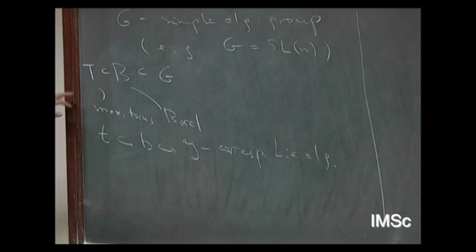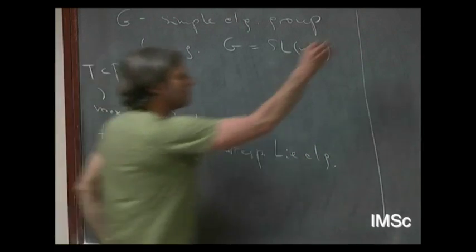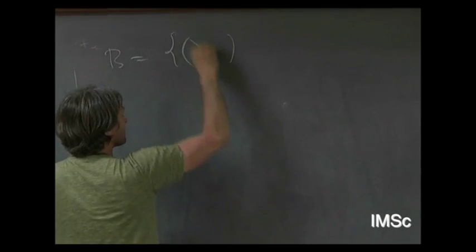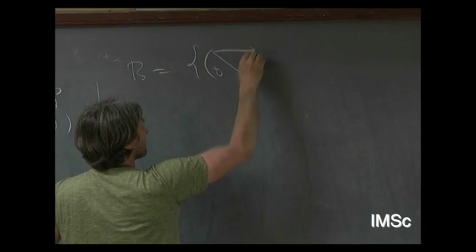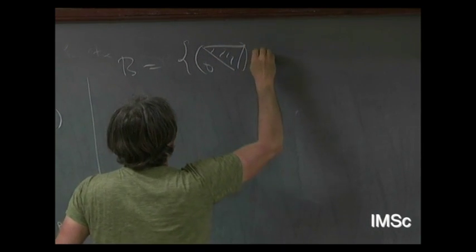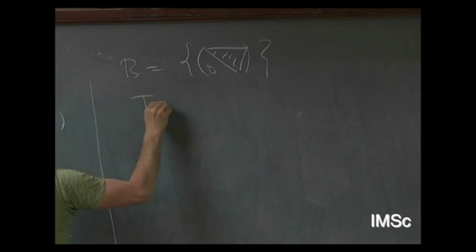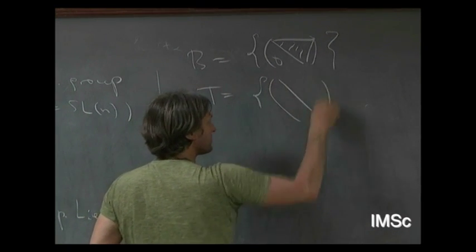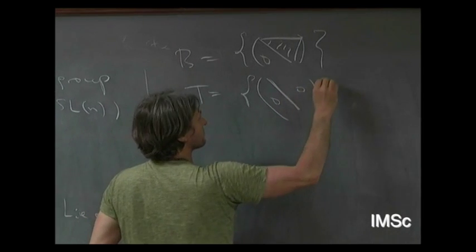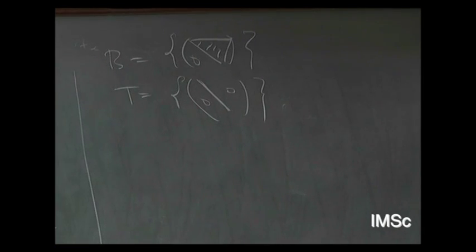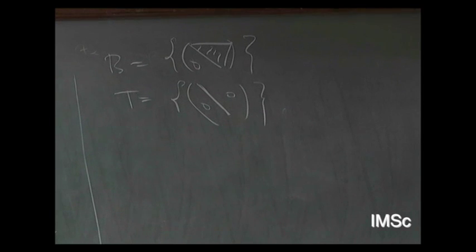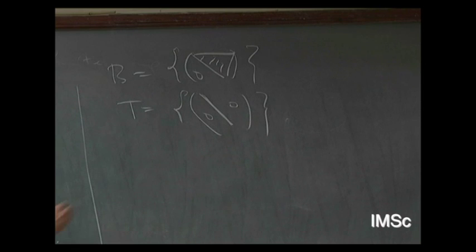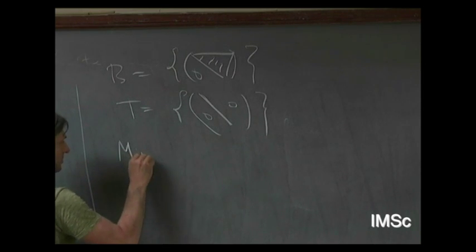And just like yesterday, in the SLn case, B consists of upper triangular matrices and T consists of just diagonal matrices. Well, in SLn, so determinant equals to 1. Also, I'll need the minimal parabolic subgroups.